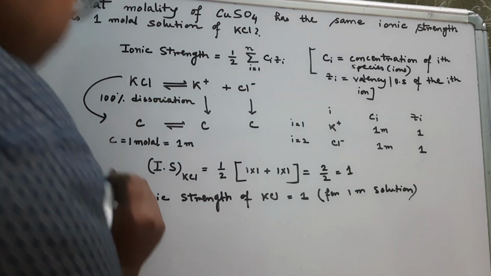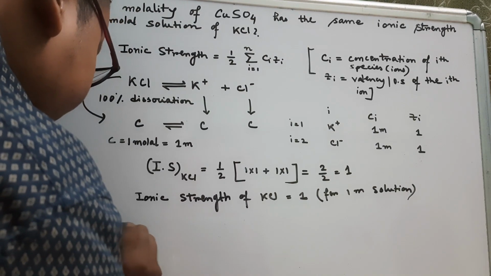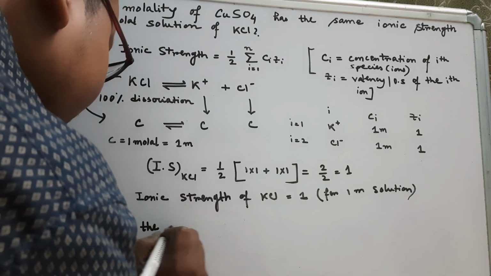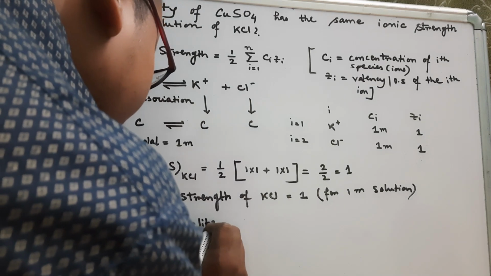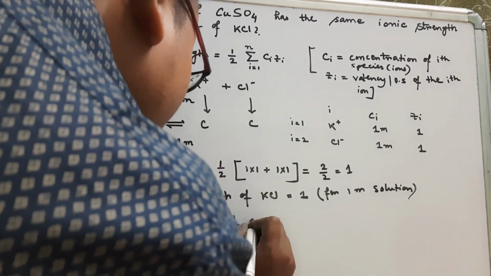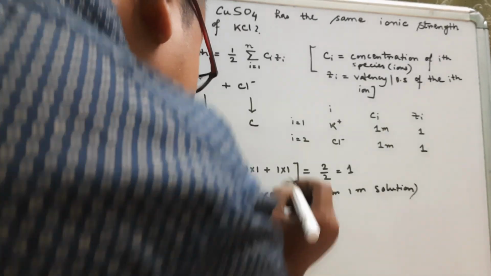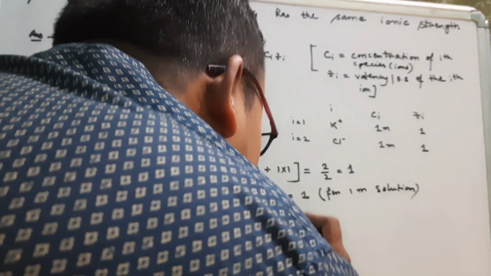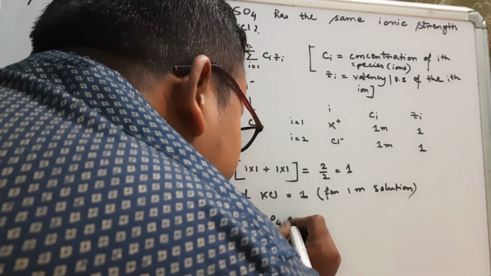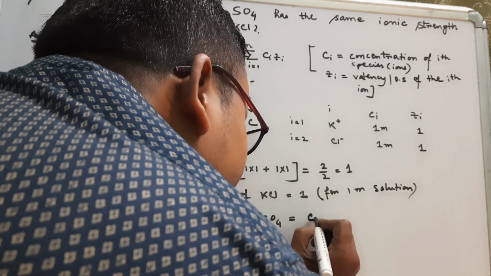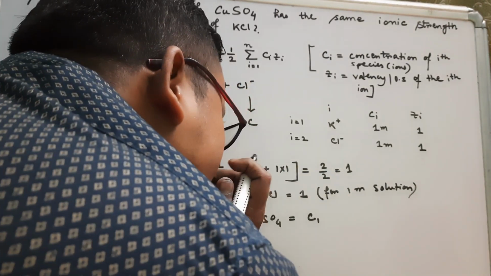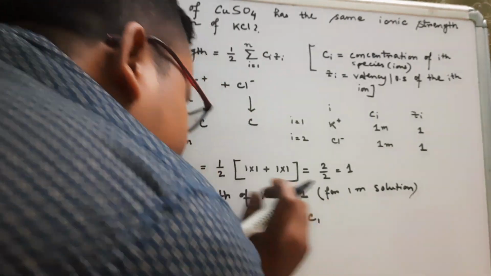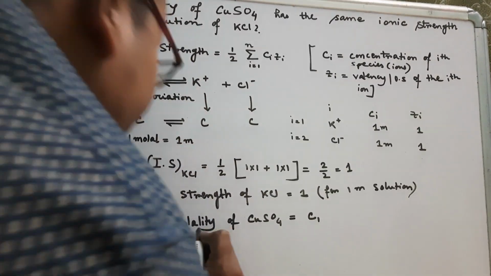So let the molality of copper sulfate equal C1.